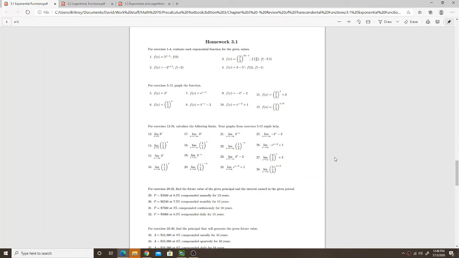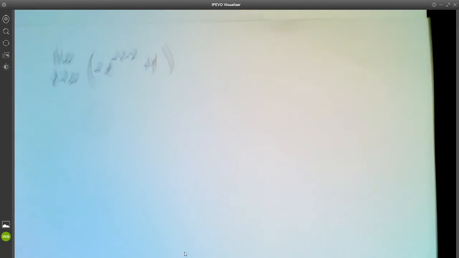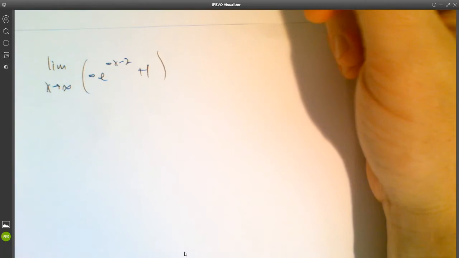So one of the questions was 3.1 number 26. It was this limit as x approaches infinity of negative e to the negative x minus 2 plus 1. The question was, how to calculate this limit.